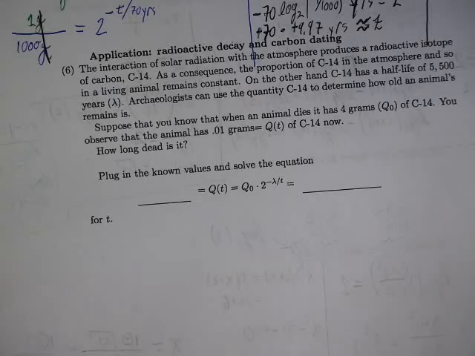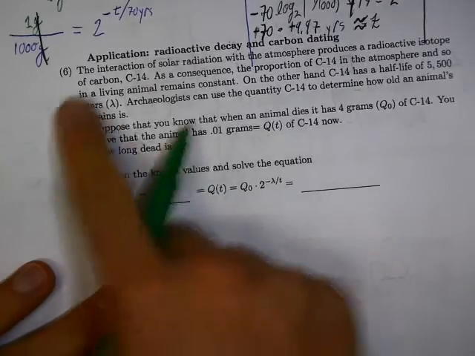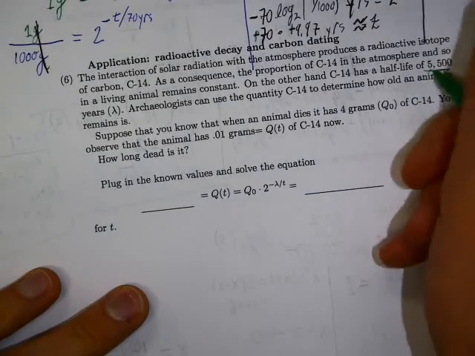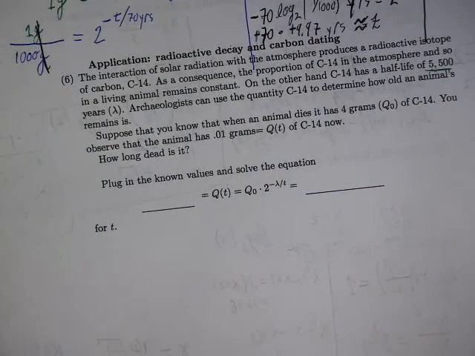And when an animal is living, it's continuously taking in C14 from the atmosphere. Once it dies, it stops doing that, so the C14 starts decaying. So that means that you can figure out how long dead an animal is by thinking about C14. C14 has a half-life of approximately 5,500 years.